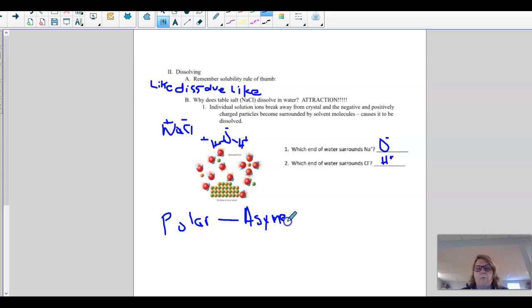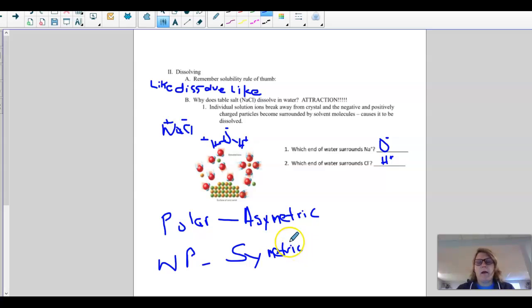And if it's nonpolar, it's symmetric, which means they are alike. Okay, so this slide will help you with your homework in the packet on page 1.